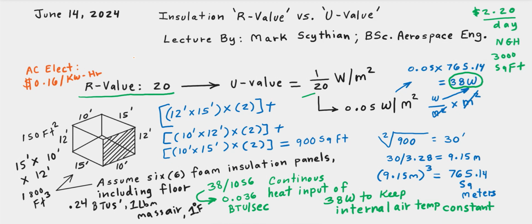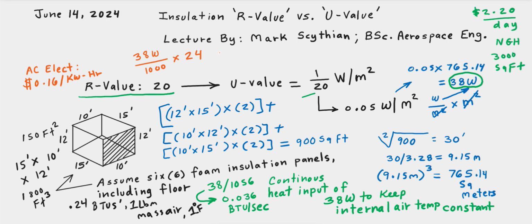So now if we just take the same thing, 38 watts per 1,000, and multiply that times 24 hours, this becomes 38 over 1,000, so 0.038 times 24.